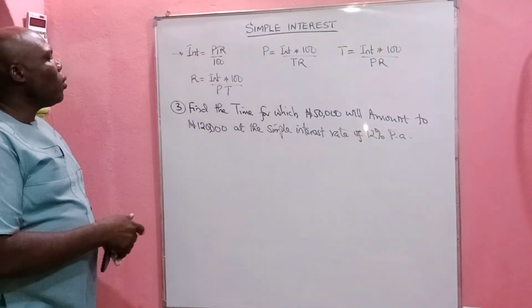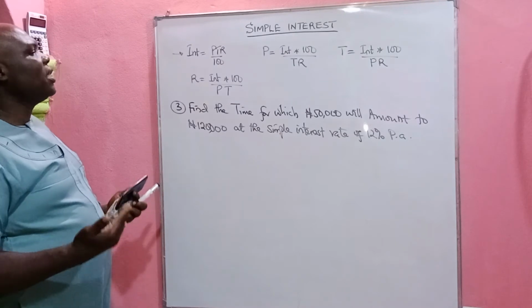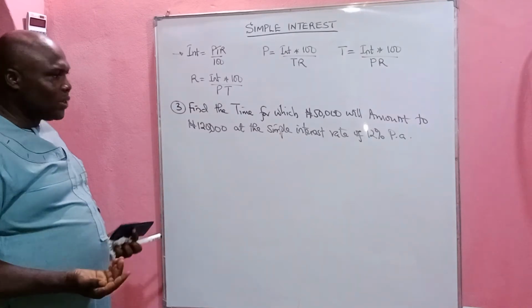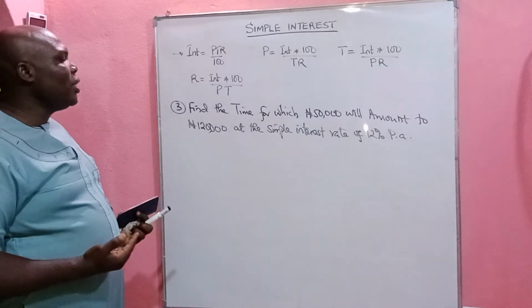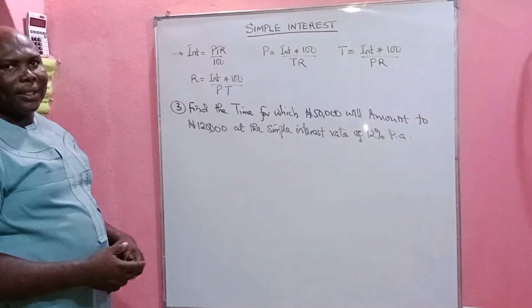So here we want to find the time for which 50,000 naira will amount to 120,000 naira at the simple interest rate of 12%.